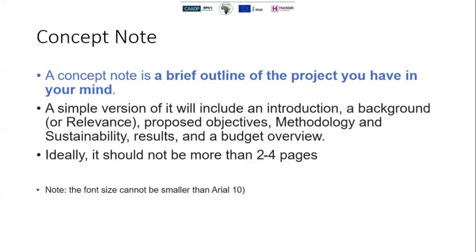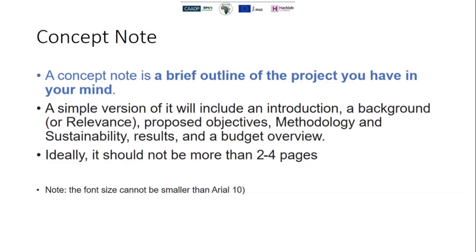A simple version of it will include an introduction, background to show its relevance, proposed objectives, the methodology used for coming up with it, and then sustainability, results, and the budget overview.